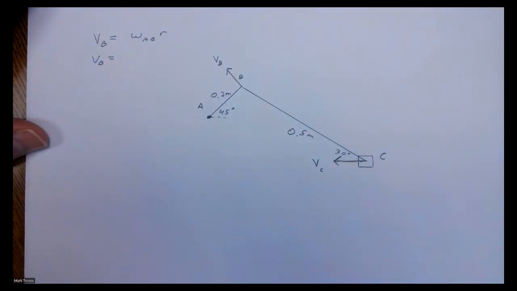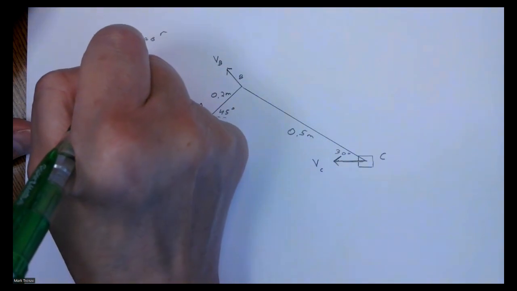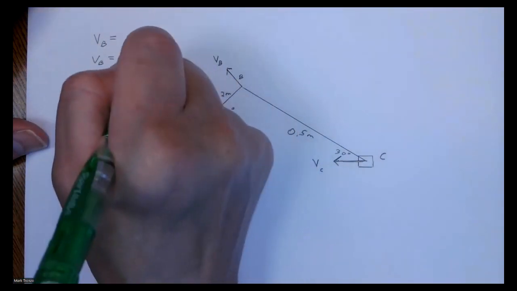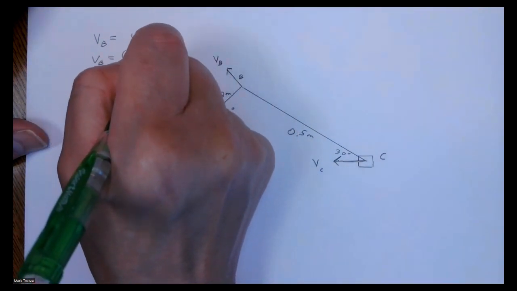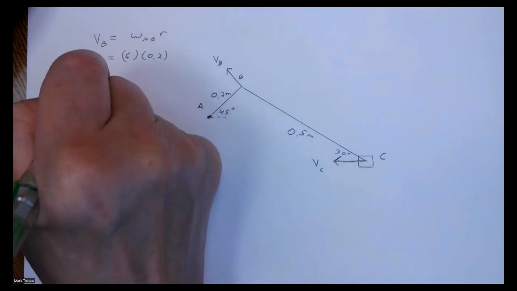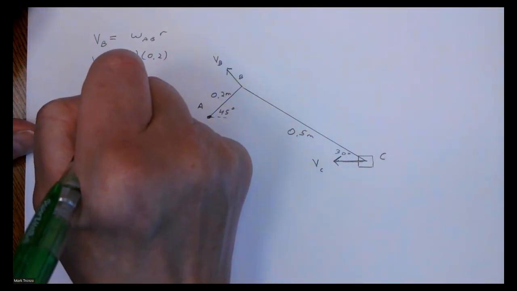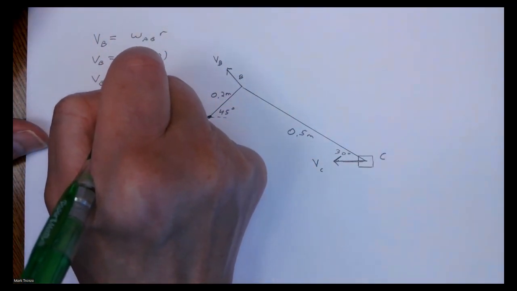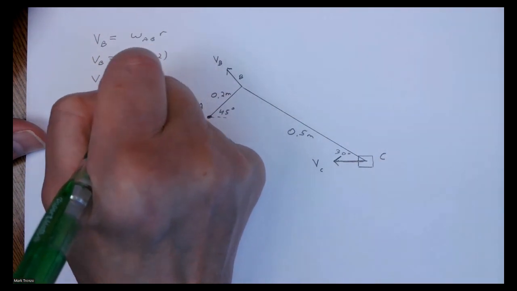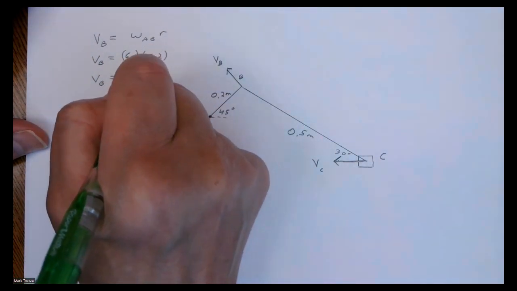VB is going to be 6 times 0.2, and VB is going to be 1.2 meters per second.